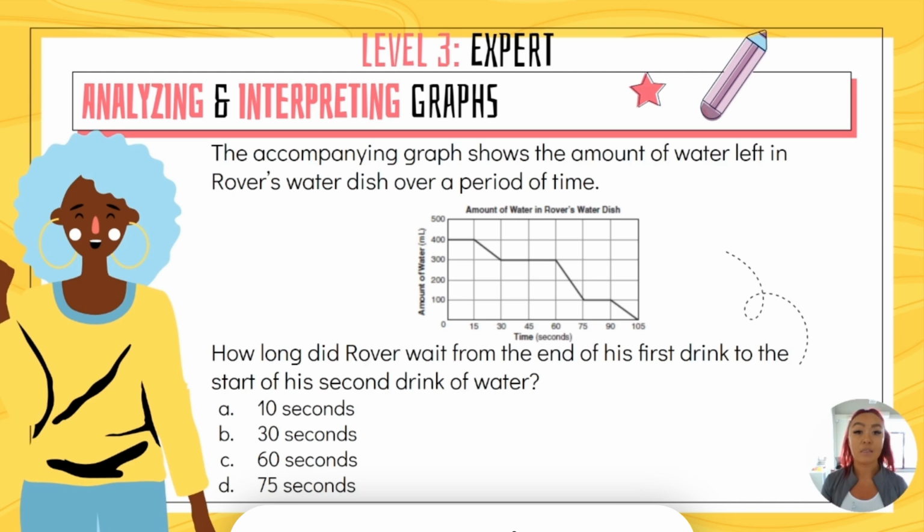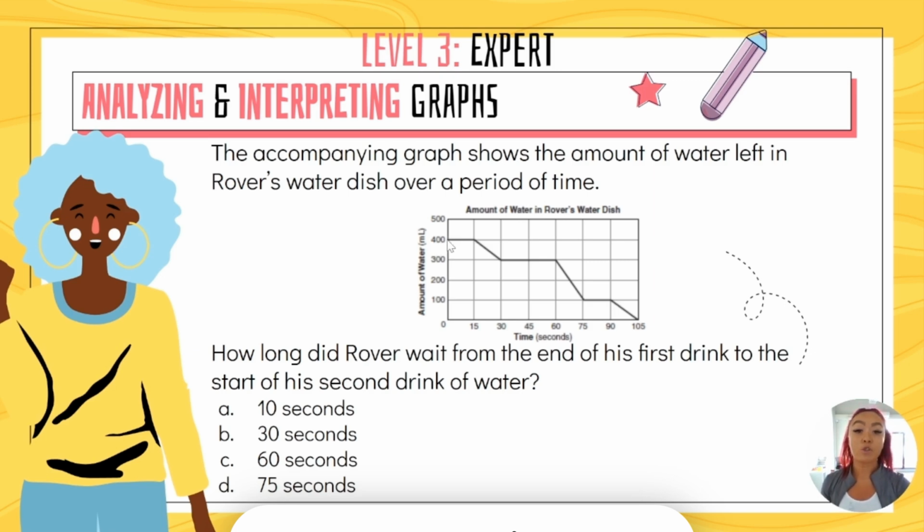Okay, so let's take a look at the graph first. Our x-axis represents the time in seconds, and our y-axis represents the amount of water that's in the dish. So let's start reading the graph from left to right. At the start, Rover has 400 milliliters of water in his dish.